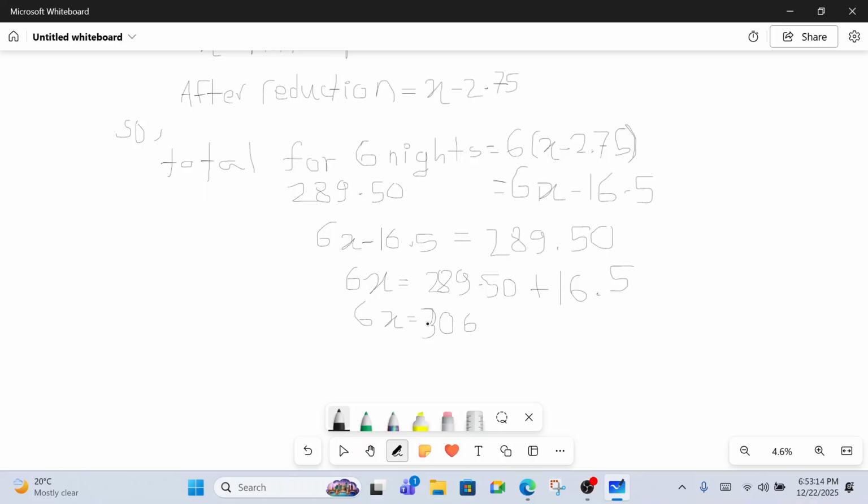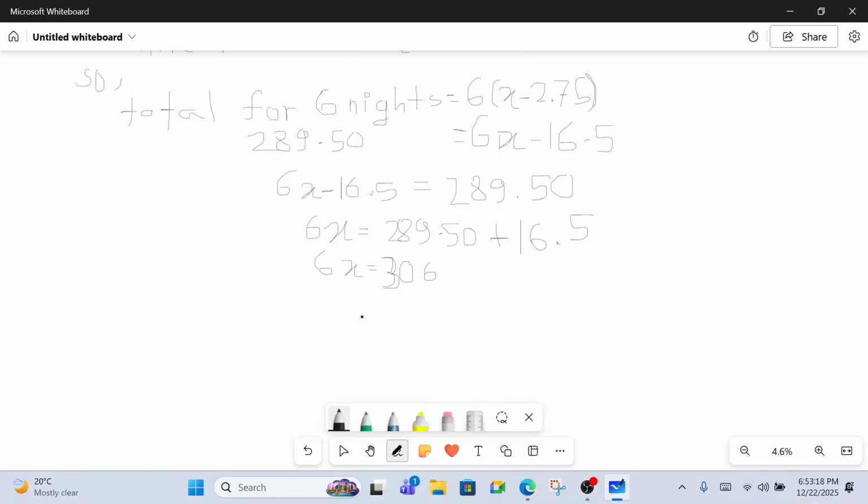So to get rid of the 6 from our x, we just divide this 306 by 6. Sorry, x doesn't look nice. So 306 divided by 6.